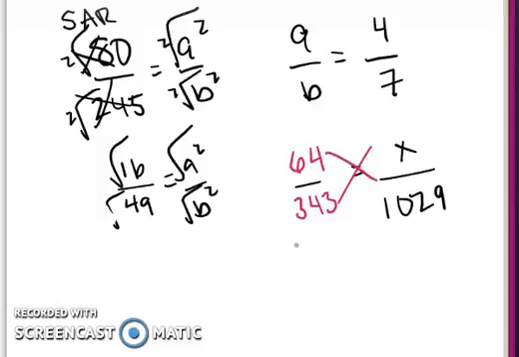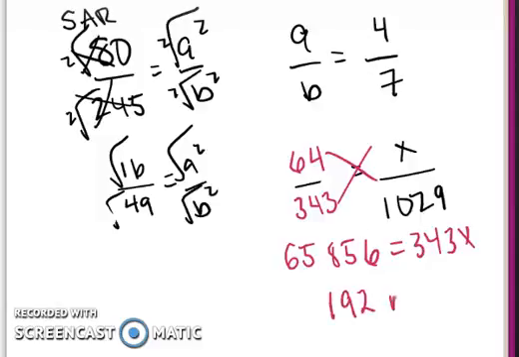So I'm going to get 64 times 1029. So I get quite a large number over here. And then we divide that number by 343. And I get 192 millimeters cubed because I'm dealing with volume.